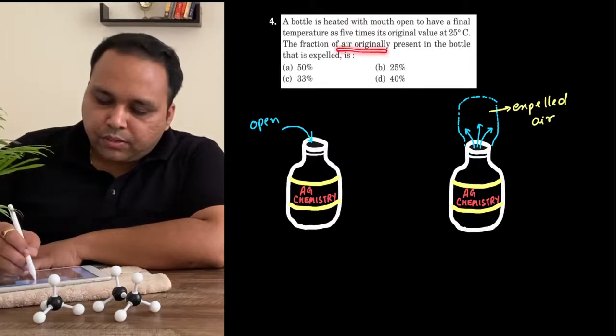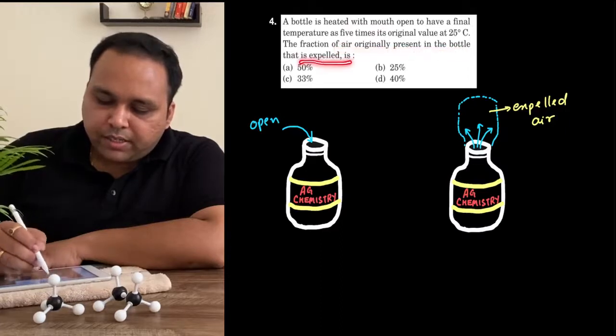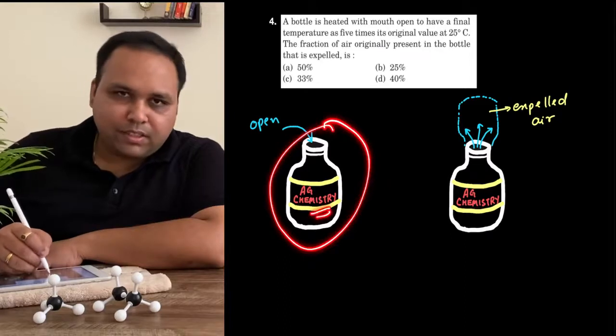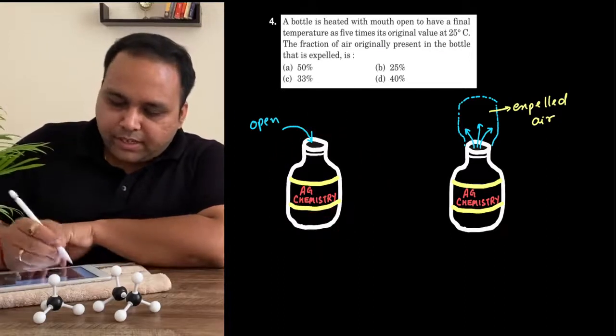The fraction of air originally present in the bottle that is expelled is? So there was some container, let's call this an AG Chemistry container, and let's write about it.